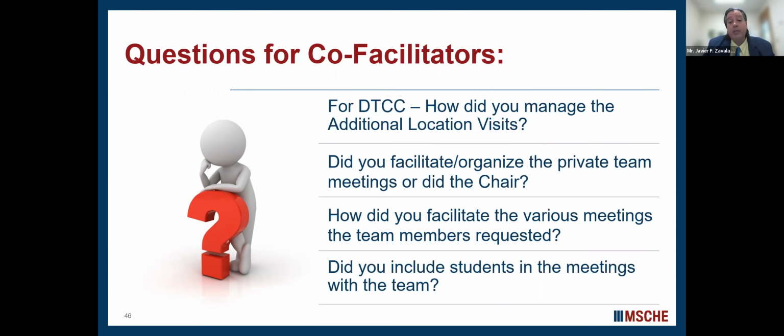In our case, all the private meetings that the team has were organized by the chair, okay? And also, what we did to facilitate all those members' requests was, at the beginning, we have the meetings every afternoon.